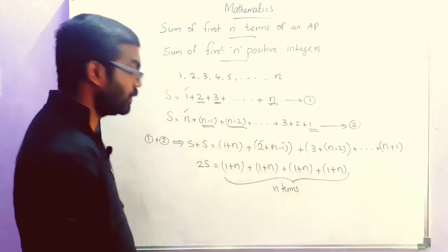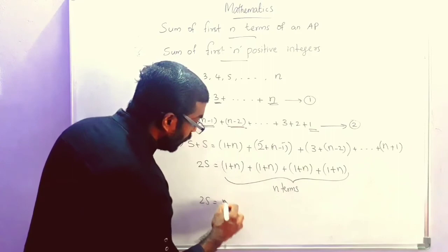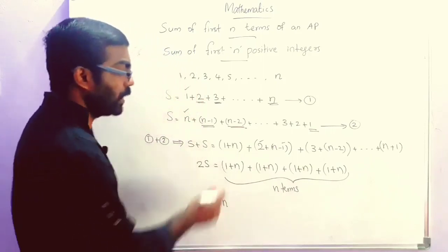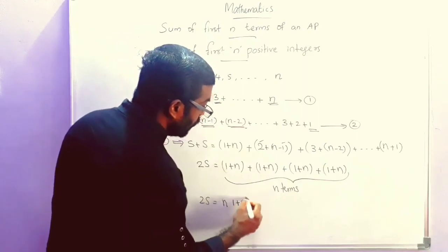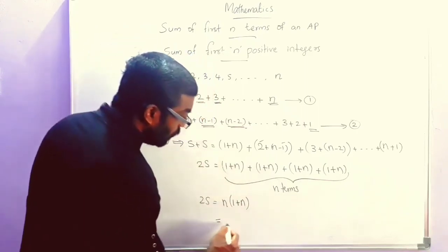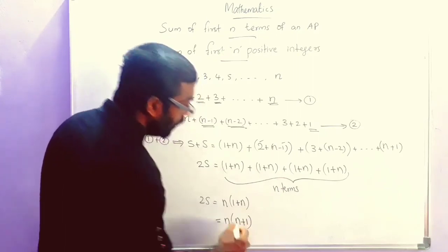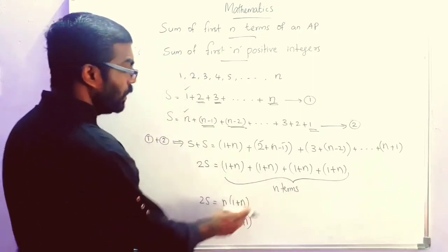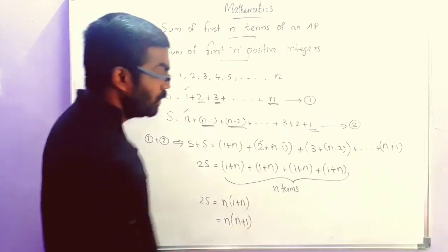There are n terms. So 2S is equal to n into, n terms means n times the particular term, n into 1 plus n, which is equal to n into, this I rewrite, n plus 1. 1 plus n and n plus 1 are both the same. So I write n plus 1.